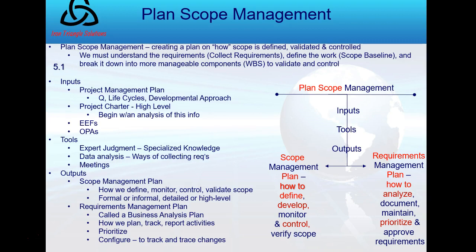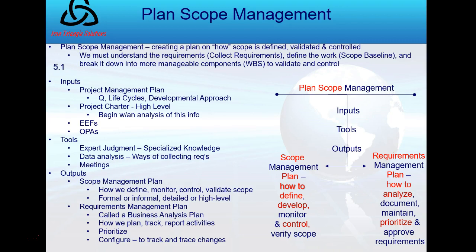The requirements management plan is similar but a little different. It's also how, remember, every management plan is about how I'm going to do something, but it's how the project and products requirements will be analyzed, documented, and prioritized to ensure the requirements are met.